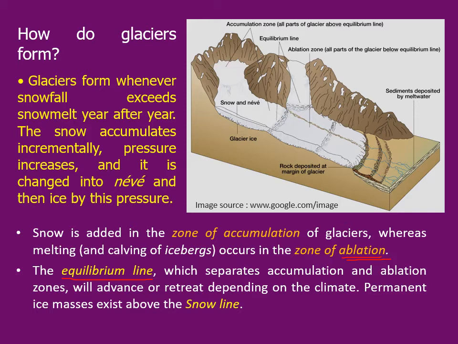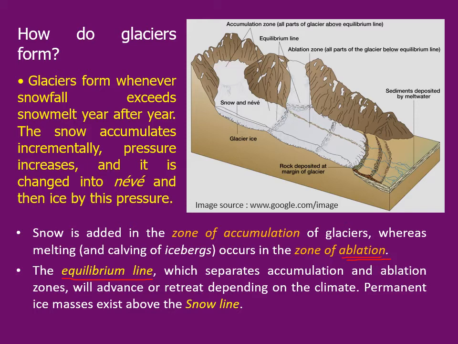In contrast, during summer, when the regional temperature is comparatively high with respect to the winter season, the rate of ablation will exceed the rate of accumulation. So the equilibrium line proceeds towards the uphill portions. That means the equilibrium line recedes.